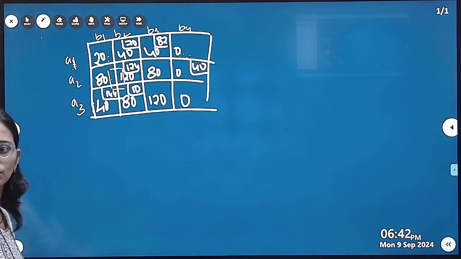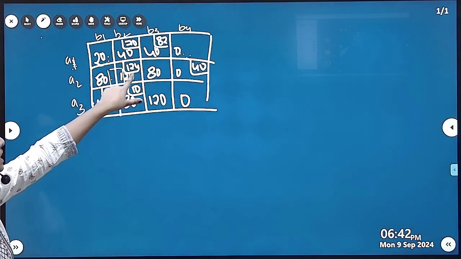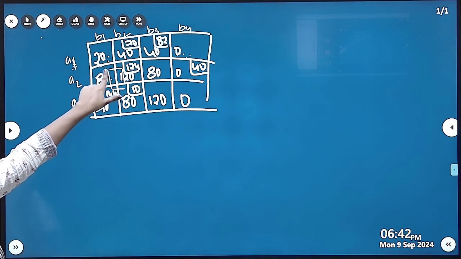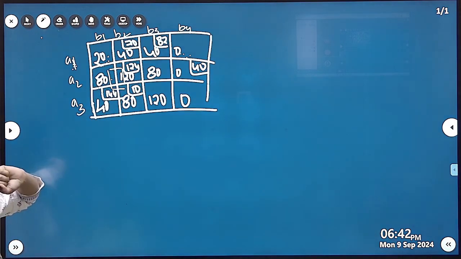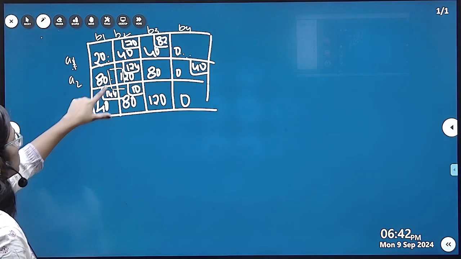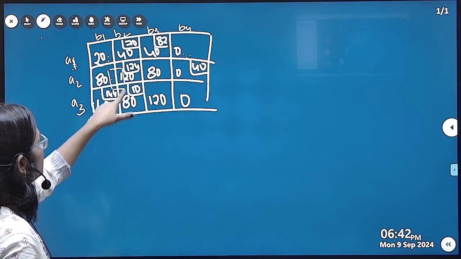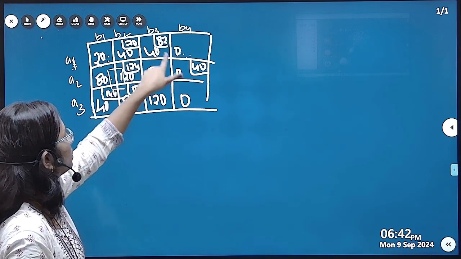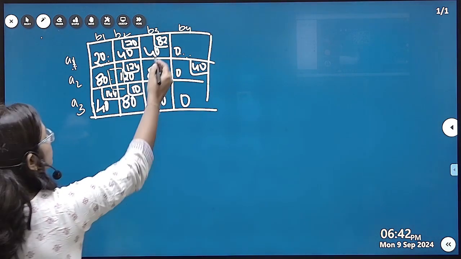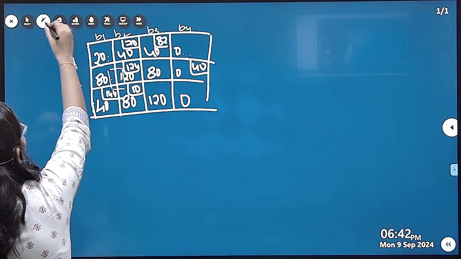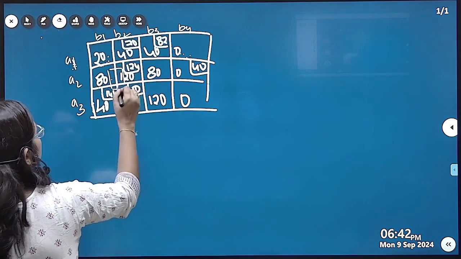We have only 2 options. 3 cells need to be occupied and 1 cell needs to be empty. So how many options are there in this matrix? Only 2 options, right? So look at this, we can make one degeneracy, or else we have this option or this option. So now we will take this option. Okay, we will take firstly this option.